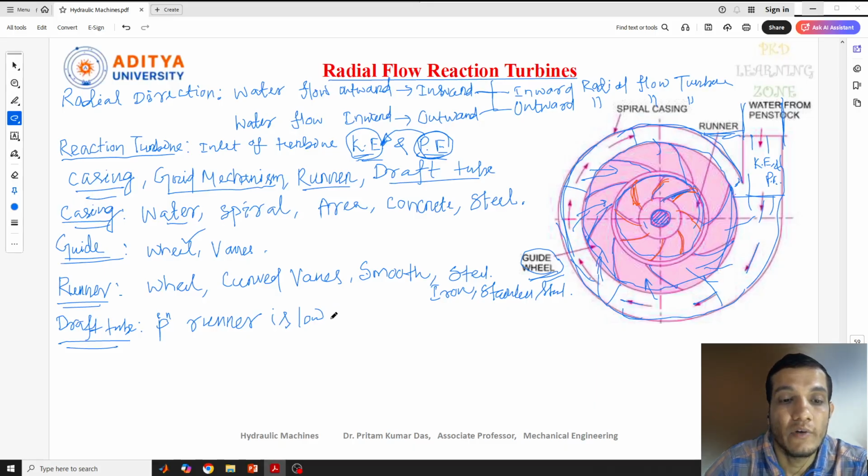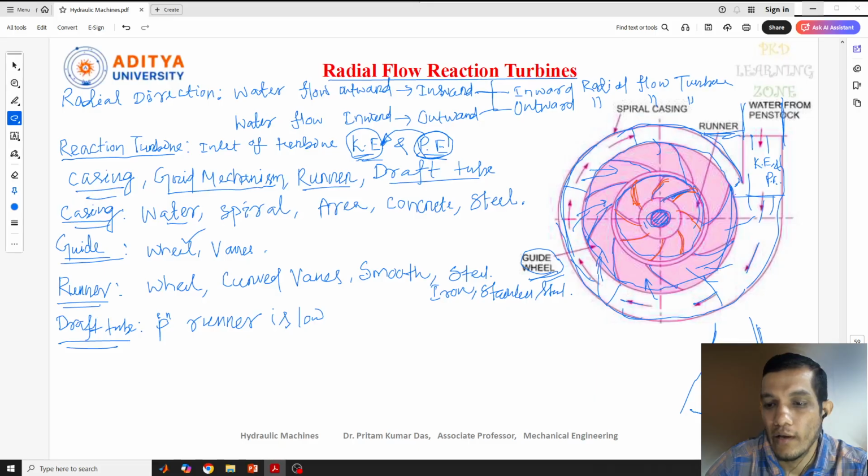When the water comes out from the turbine at the runner, if the pressure is very much lower than atmospheric pressure, then it will be a problem. The water cannot exit to the tail race, because outside is high pressure and inside is low pressure. So the draft tube is used. Its shape will be like this, gradually increasing.